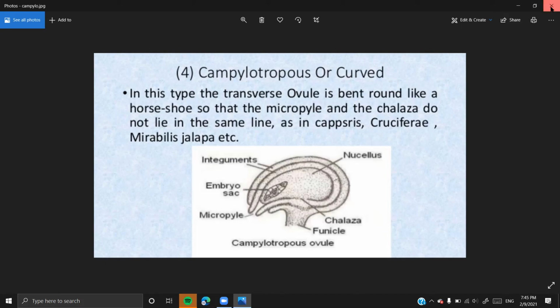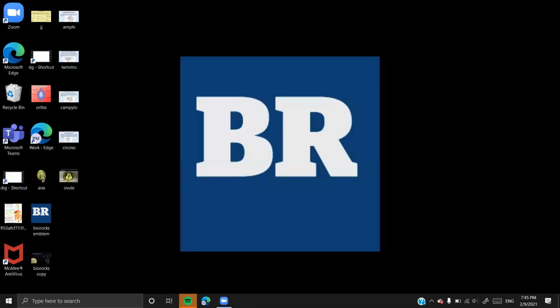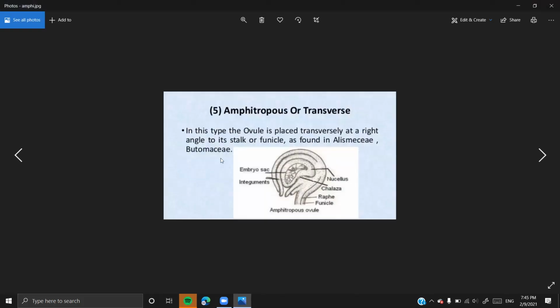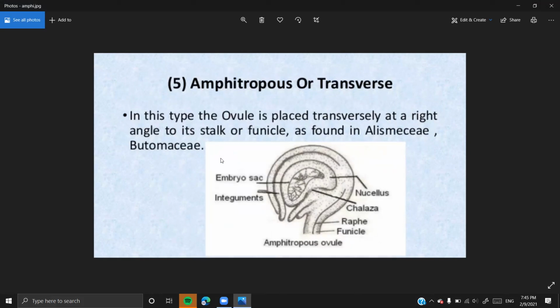The embryo sac is straight. The next one is the amphitropous ovule, where you can see both the body of the ovule as well as the embryo sac are curved.